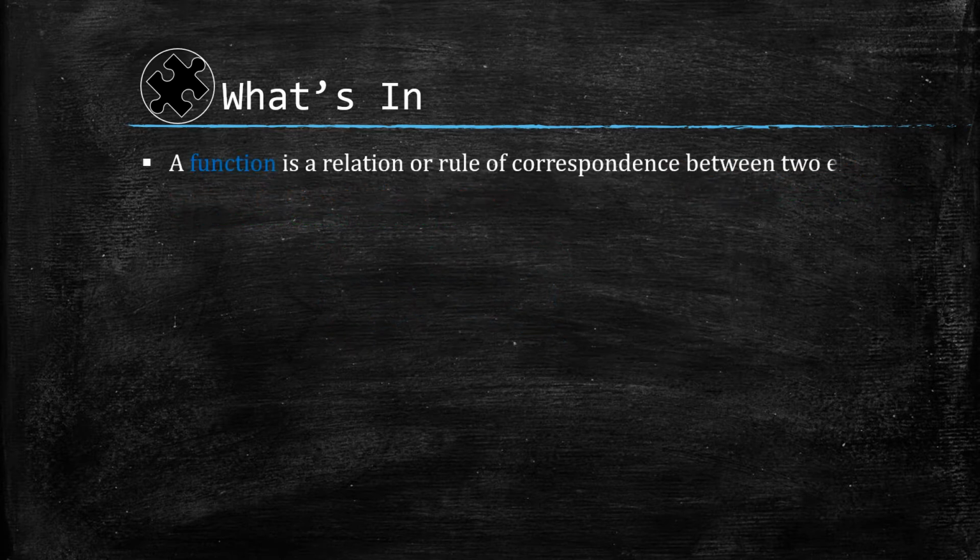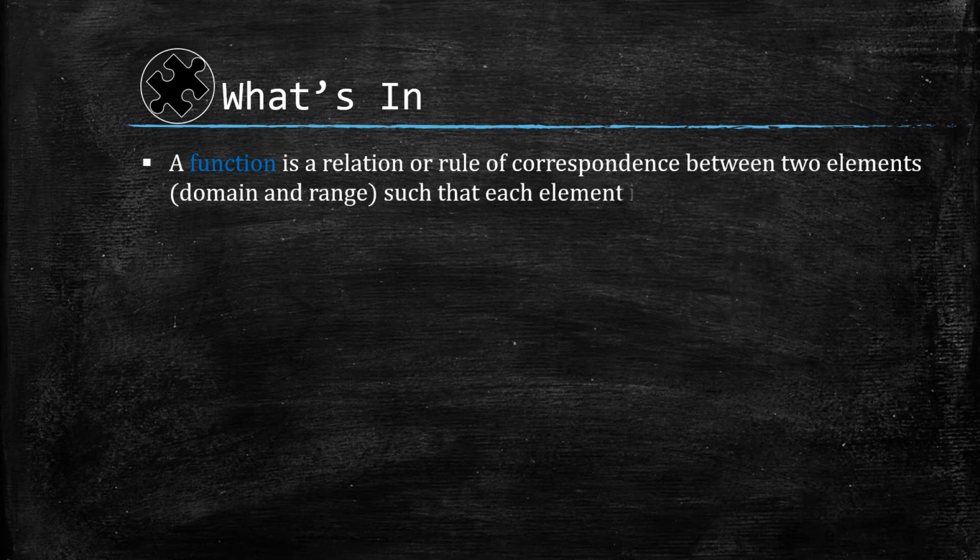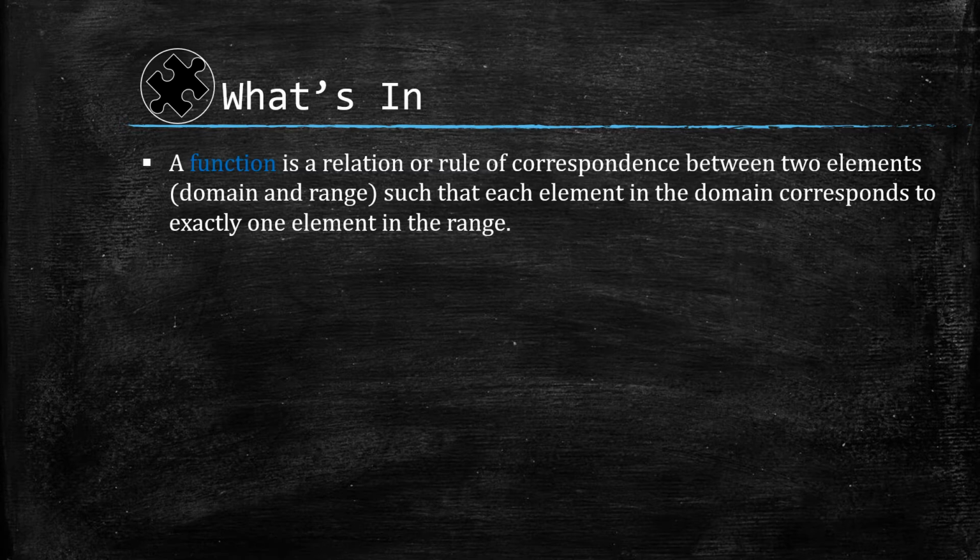So let's now have a function. A function is a relation, or rule of correspondence, between two elements, the domain and the range, such that each element in the domain corresponds to exactly one element in the range. So class, be familiar with the definition.